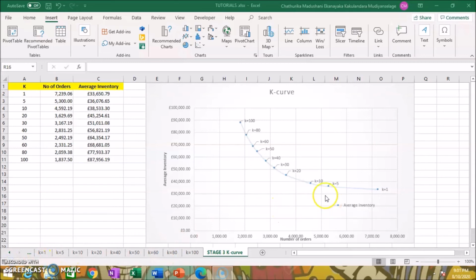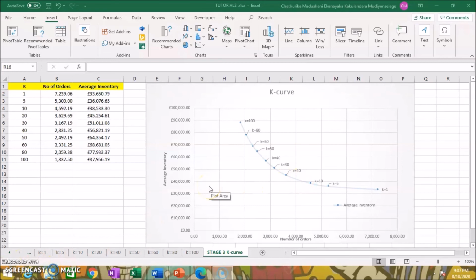The number of orders here can be set as the capability of our company to receive orders. So when we know the number of orders, we can look at the K-curve and come up with the inventory level which fits our capability.